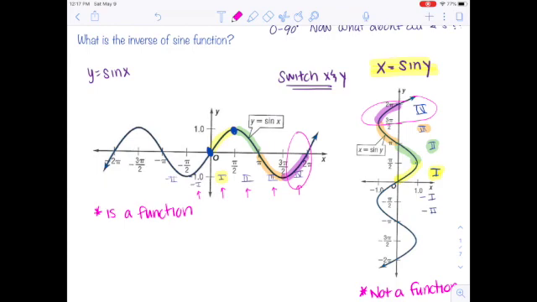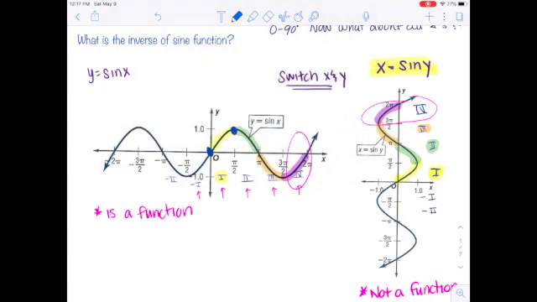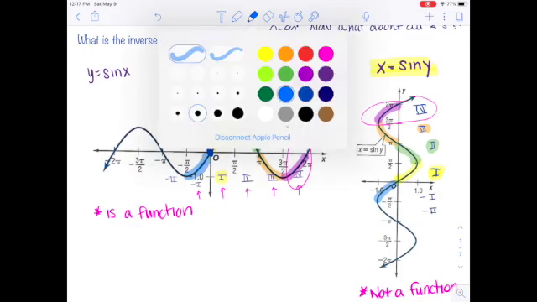I labeled that as the negative first quadrant. That's technically the negative first quadrant, from 0 to negative pi over 2, right here. So you see that piece of the graph from 0 to negative pi over 2.